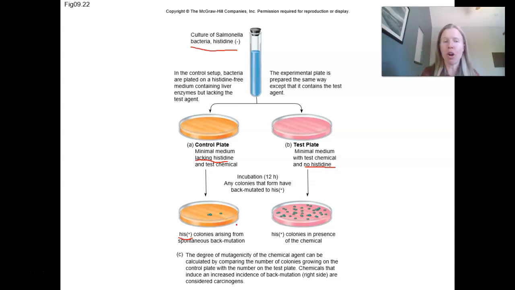So sure enough, on our control plate, we get a couple colonies. Those bacteria had some spontaneous mutations, and they were able to survive. Whoa, but notice what happened over here. We have lots of colonies. That means lots of our bacteria mutated in response to this chemical, and now they're able to survive.